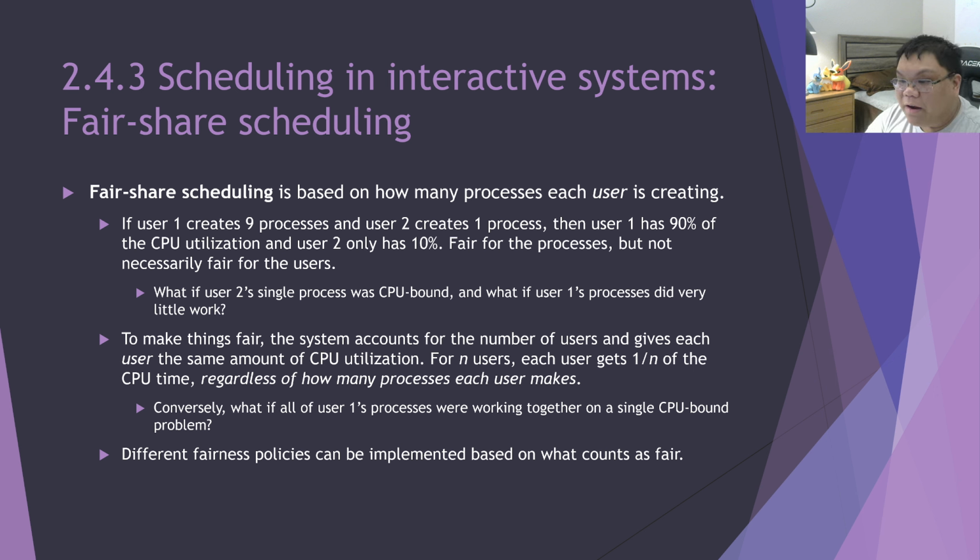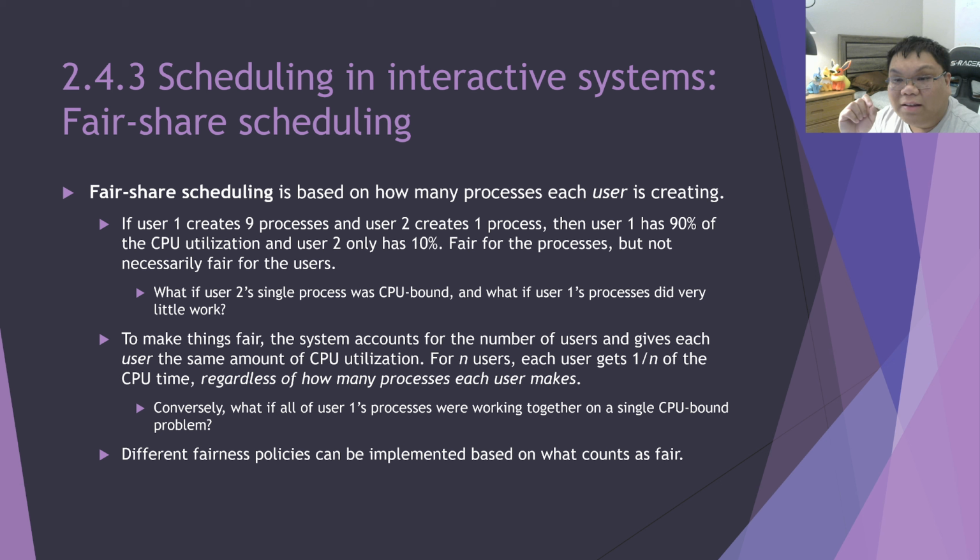To make things fair, the system can account for the number of users and give each user the same amount of CPU utilization. For n users, each user gets 1 over n of the CPU time, regardless of how many processes each user makes. But again, what if a user was running something that's compute bound? Or was running several processes that were all compute bound?